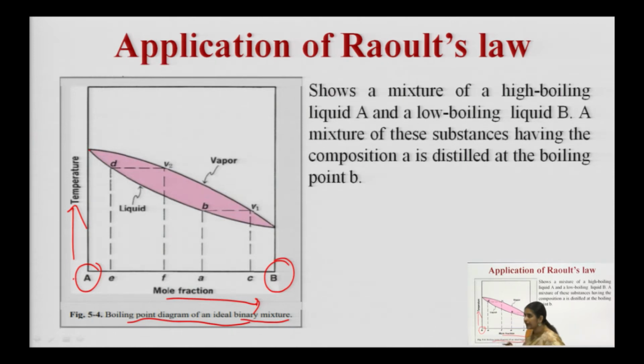Higher the boiling point, lesser is its escaping tendency, because higher boiling point means low vapor pressure, and low vapor pressure means less escaping tendency. So, here the boiling point of A is denoted at this point, and the boiling point of B is denoted by this point.